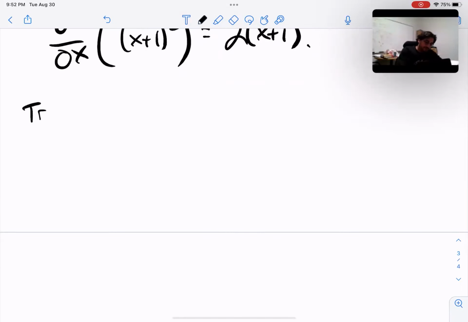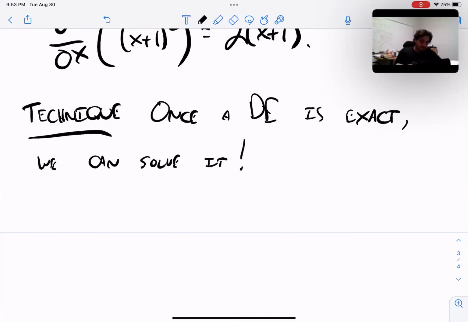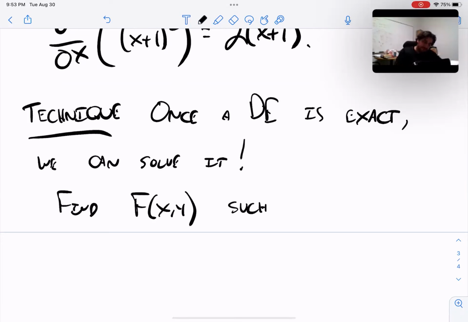All right, now here is a nice technique. It turns out that once a DE is exact, we can actually solve it rather quickly. Here's what you do. You just find f of x, once it's exact, such that these two equations are both true.